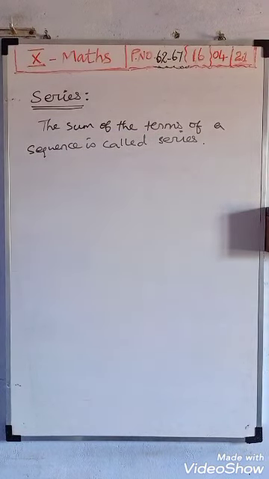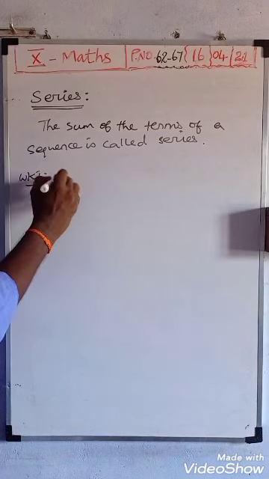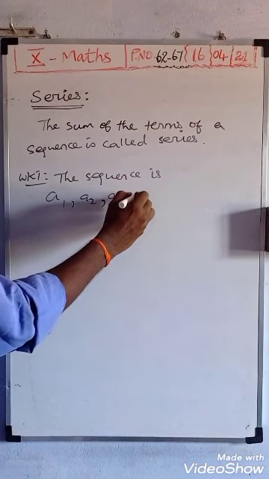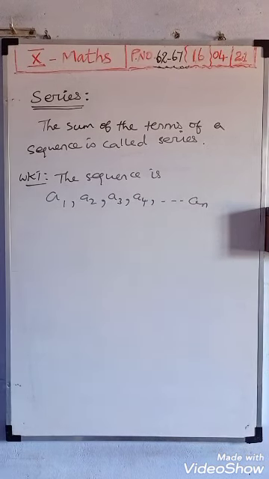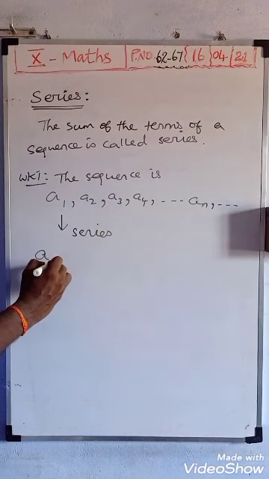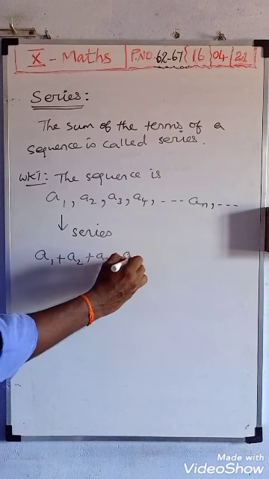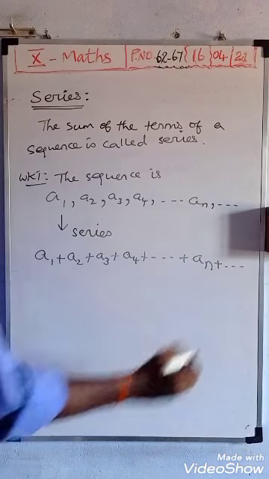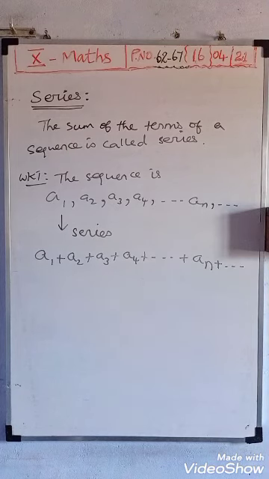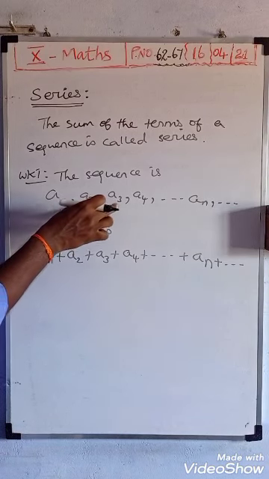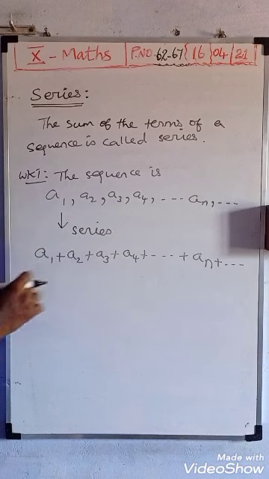So if the sequence is a1, a2, a3, a4, up to an, then the series means you add a1 plus a2 plus a3 and so on. The sum of the terms of the sequence is called a series.